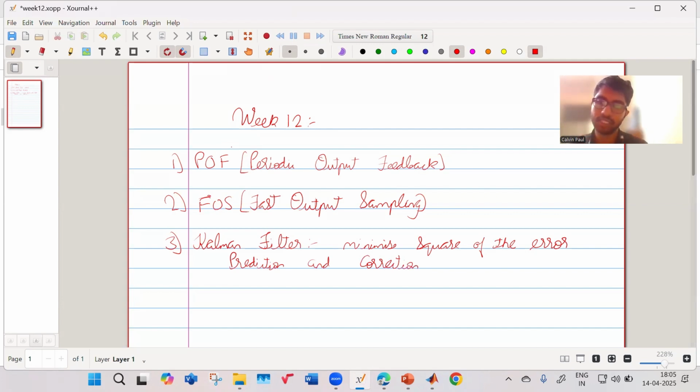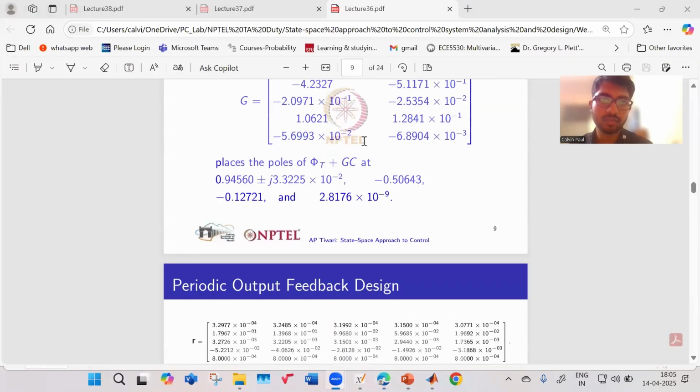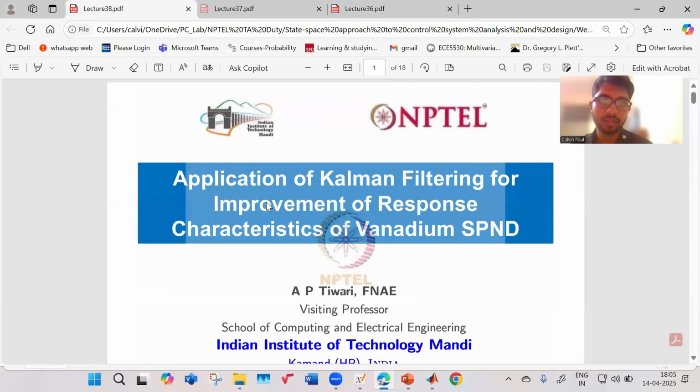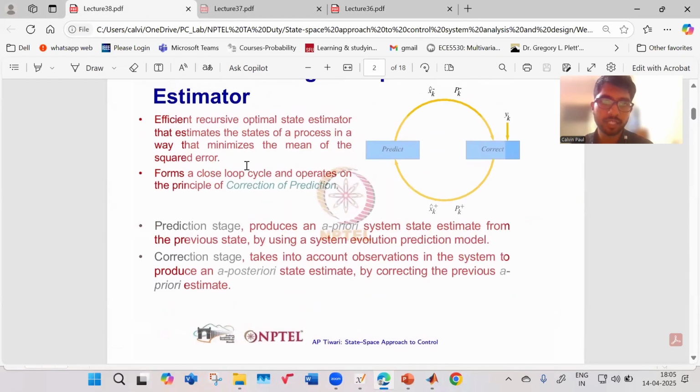It follows both these stages: it will first predict and then correct. It will minimize the mean of the squared error, since there is certain noise and certain unmodeled dynamics present in the practical system.